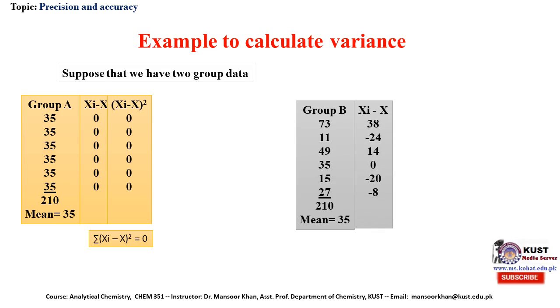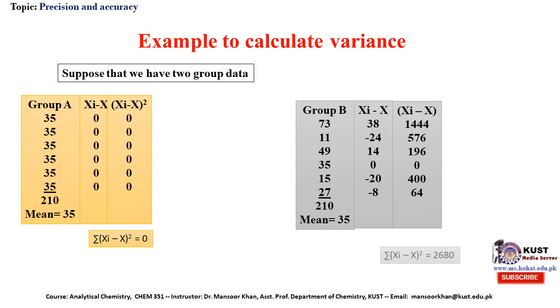The differences between the individual measurements and the mean are 38, minus 24, 14, 0, minus 20 and minus 8. The squares of the differences are 1,444, 576, 196, 0, 400 and 64.